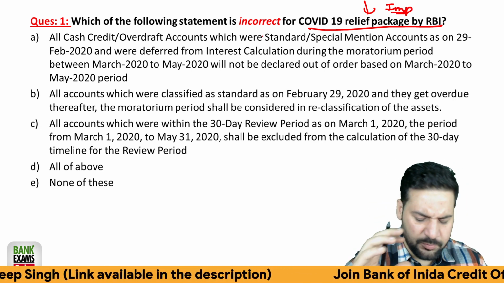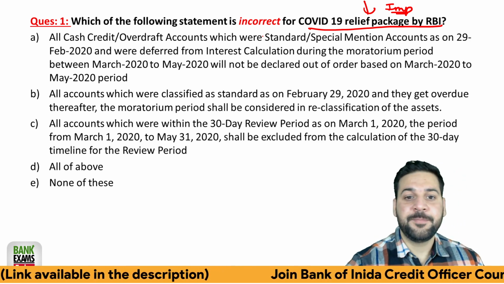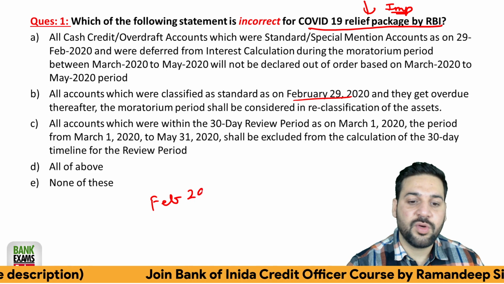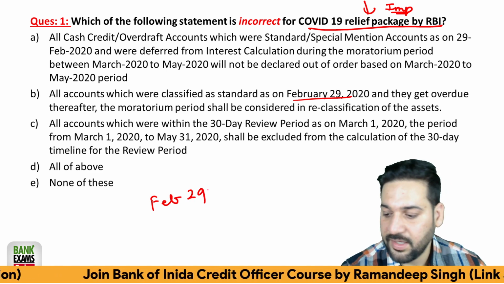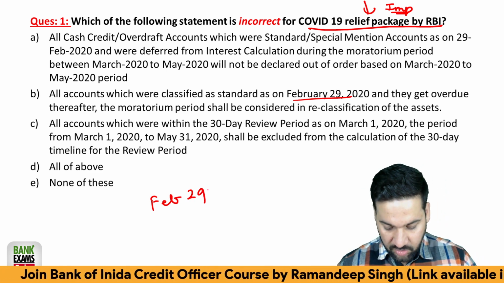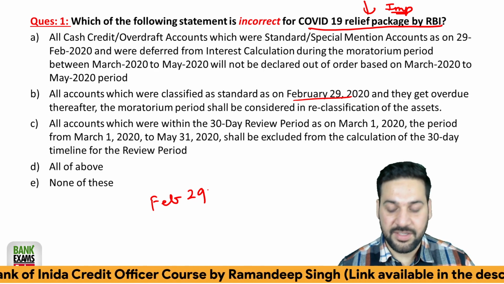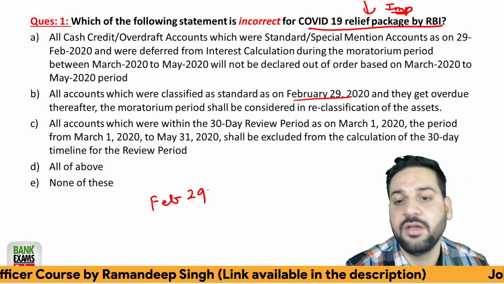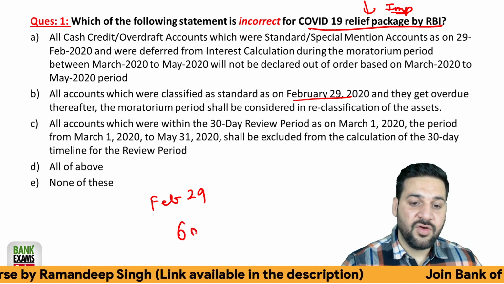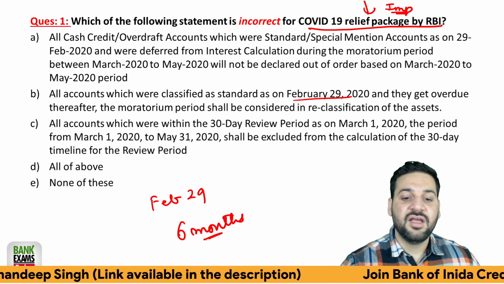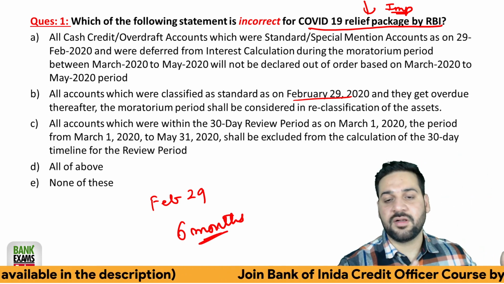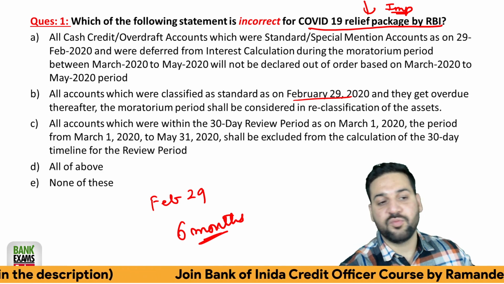Basically, all the assets which were standard assets, not overdue on 29th of February, for the next 6 months, if they became NPA, extensions were given to those borrowers.